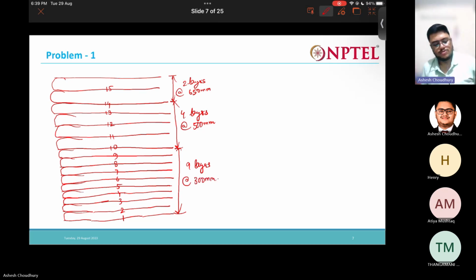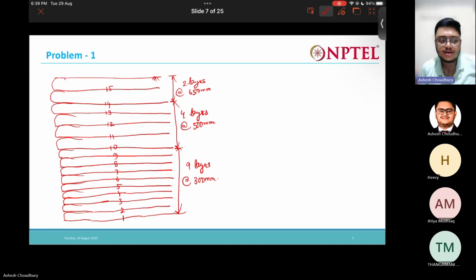Okay. So we have a 9 layer set, with 300 mm spacing. At this point, the wall that we have designed is self-contained.